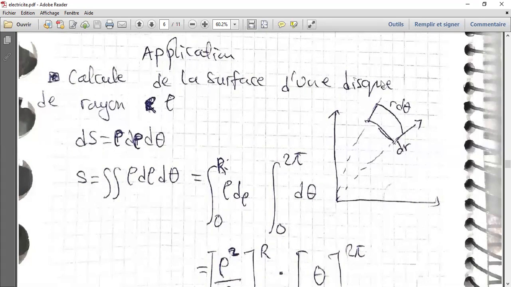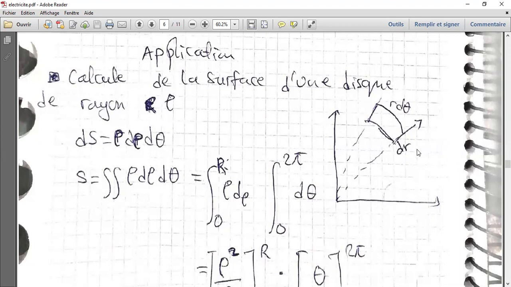Don't get confused between r d theta and dr. r is just the radius, the same as rho. d rho is the movement from here to here, and rho d theta, where rho doesn't change, is the movement from here to there.